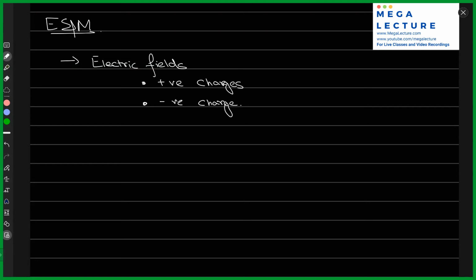So in nature, there are two types of matter, really.